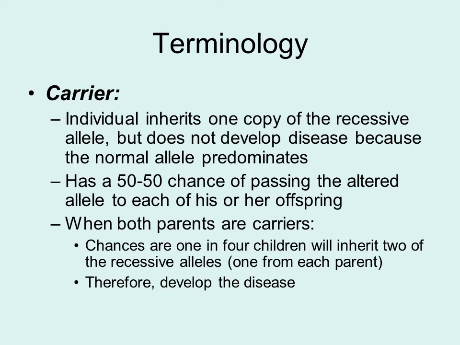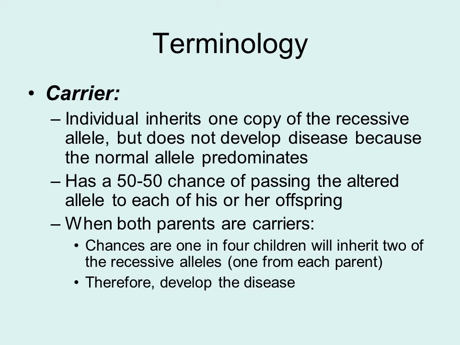Because they have this recessive allele, they don't develop that abnormality because the normal one is dominant, and that's what you're going to see. However, we call them a carrier because they can pass that down to their offspring.